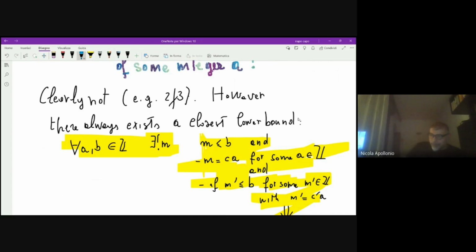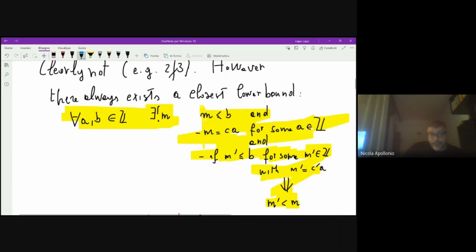So if you fix b and a, you can always find a multiple of a which is as close as possible to b from below. As close as possible means that any other multiple of a which is a lower bound of b, which is not larger than b, is not larger than m.